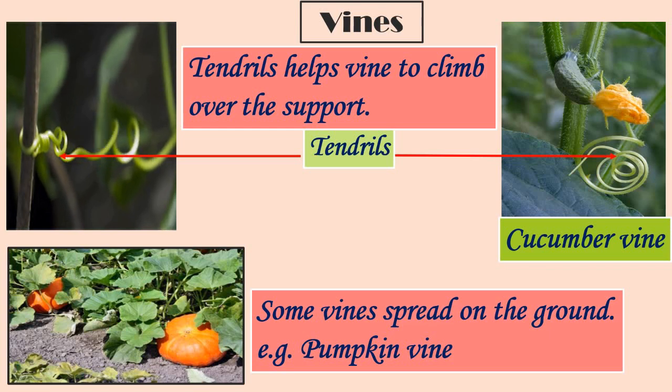Upon contact, tendrils curl, forming a coil that allows the plant to adjust the pull and the support. For example, we can see many tendrils on cucumber vine. Some vines like pumpkin get spread on the ground.